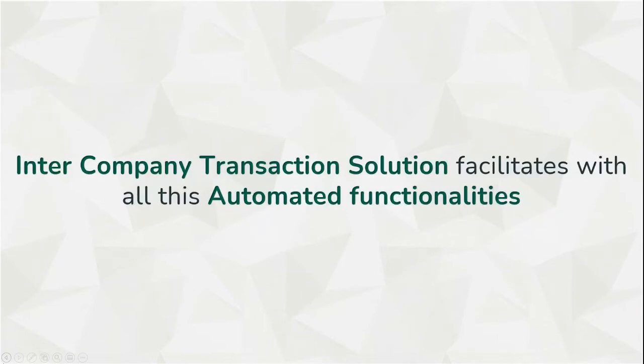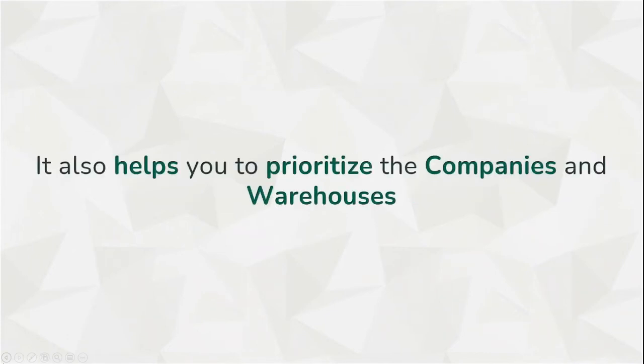The intercompany transaction solution designed by Setu Consulting Services facilitates all these automated functionalities. Not only this, it also helps you to prioritize the companies and warehouses from where the stock should be replenished first. So let us switch to this solution in Odoo to see all these functionalities provided.